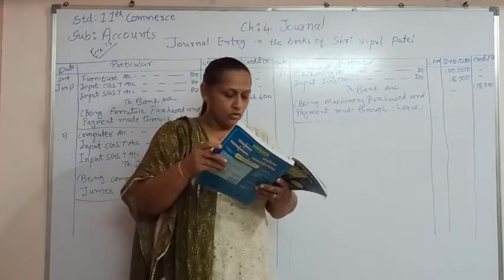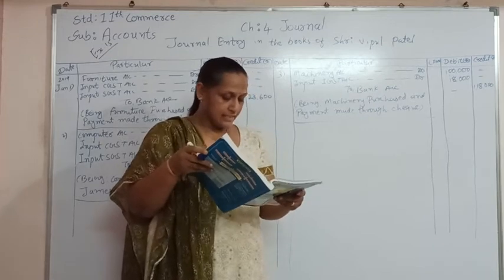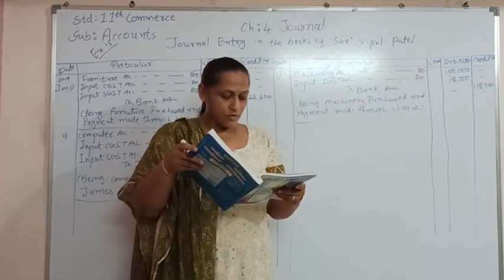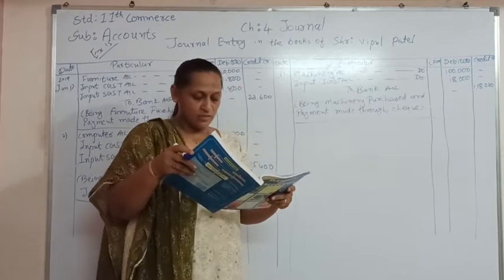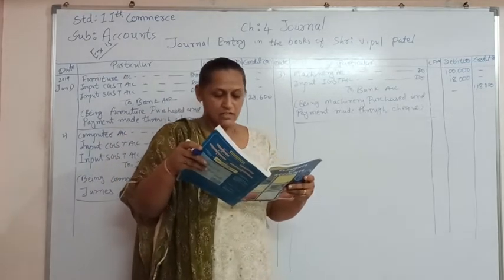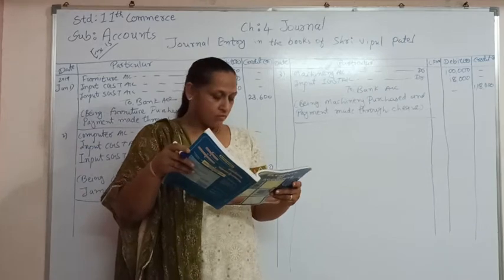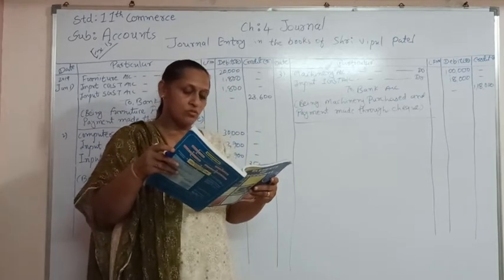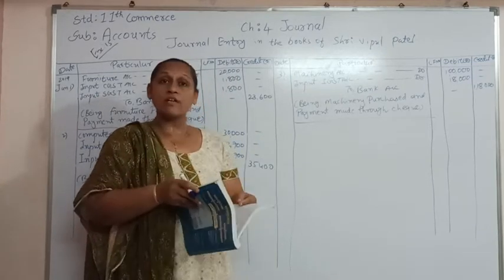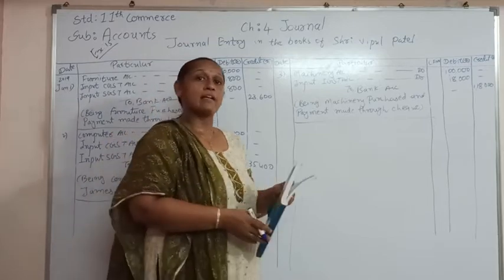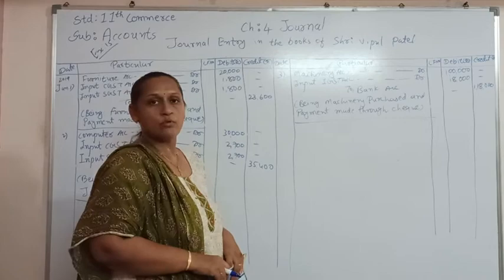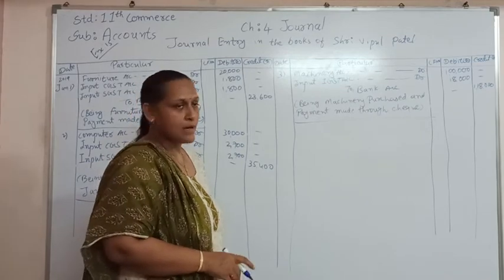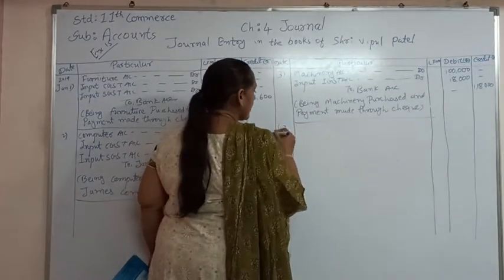Now the fourth transaction is air conditioner of rupees 3 lakh purchased for business from Savjanand Enterprise of Ahmedabad and payment made through check. So here we have purchased an air conditioner. So air conditioner account debit, input CGST account debit, input SGST account debit, to bank. That journal entry is going to be passed.